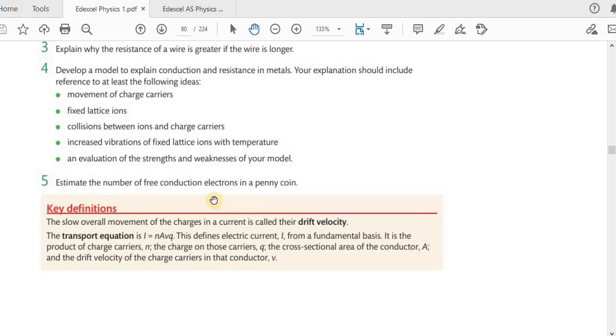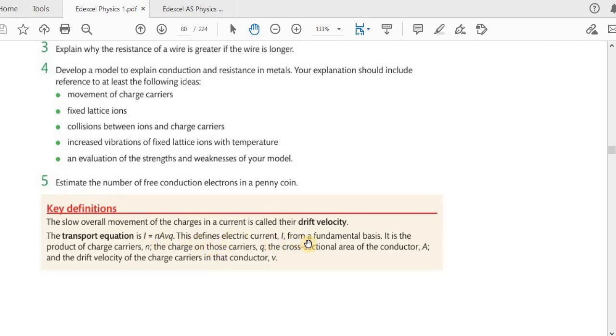The transport equation is I equals nAvq. This defines electric current I from a fundamental basis. It is the product of charge carriers n, the charge of those charge carriers q, the cross-sectional area of the conductor A, and the drift velocity of the charge carriers in that conductor, v. So all the quantities are defined here.